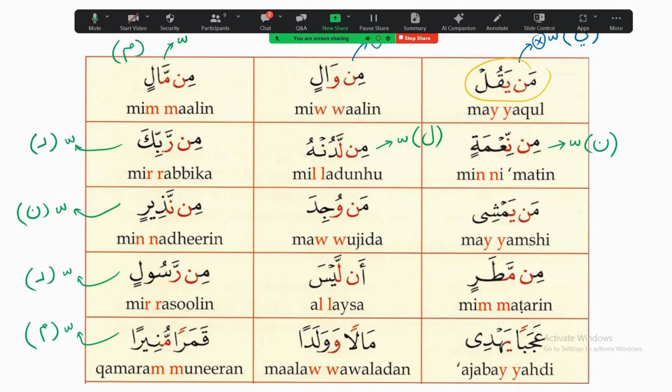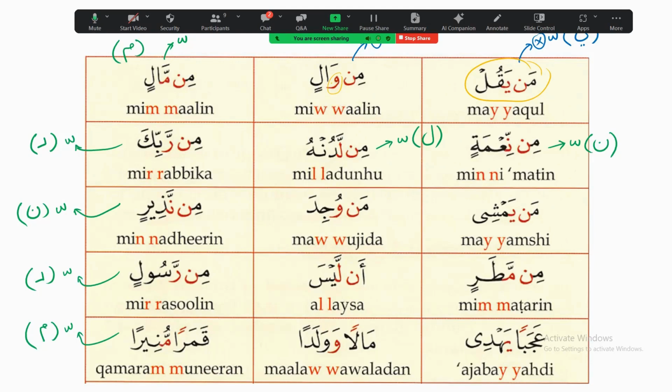I'm not saying may yaqul quickly. I'm not doing this quickly. Let's see the next example here, which is miwalin. Miwalin. In this example, again, you see a noon sakin here, and after noon sakin, you see a letter waw here. So yes, this waw is from those six letters of your yarmaloon. And looking for the type of idgham, this is the second type of idgham again, which is incomplete idgham, because this waw is from those four letters now.